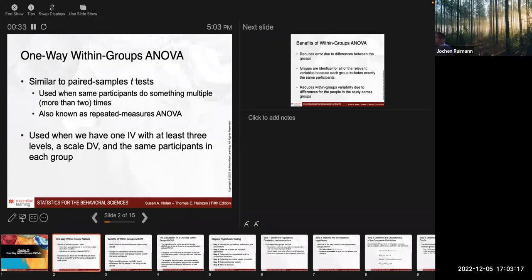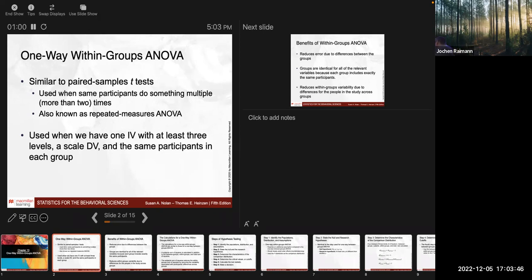So you have somebody doing something multiple times, and thereby you are able to account for these inter-individual differences, take this variability out, and subtract that from your total variance. Thereby, you lower the denominator, and you increase your probability of getting a more accurate estimate of your F.